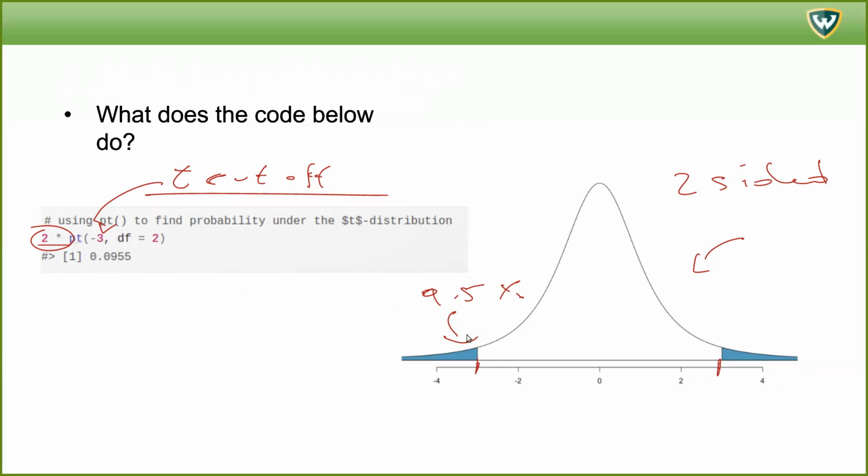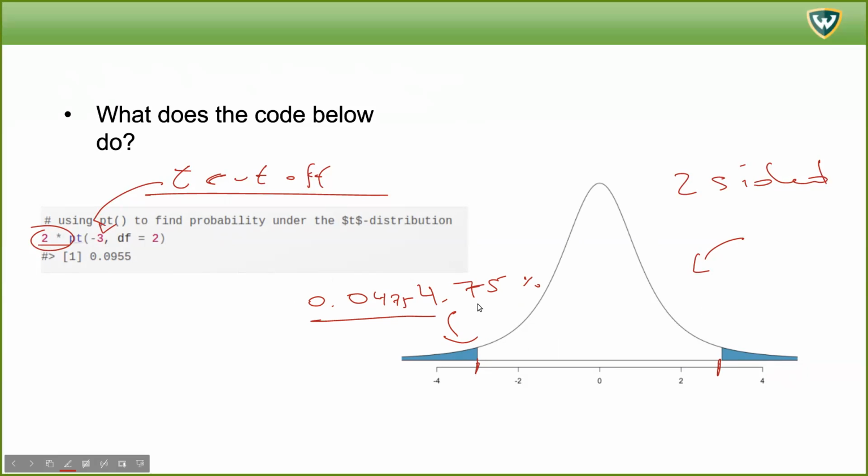Oh, I'm sorry. This is already calculated. The number looked a little bit too high. This is already multiplied by 2. So it's going to be a 4.75% chance, or 0.0475.